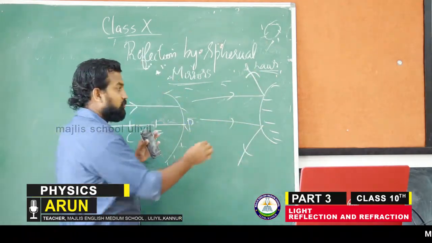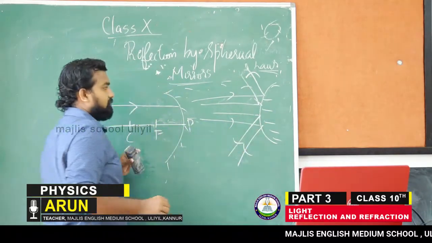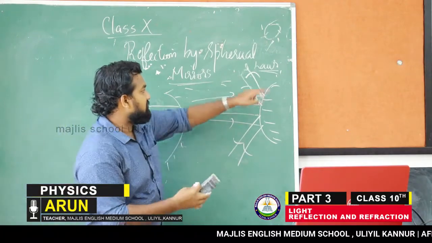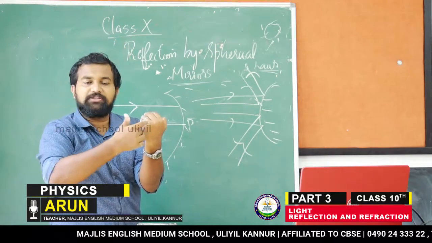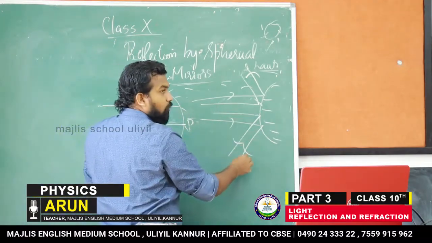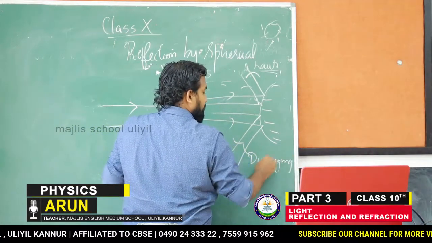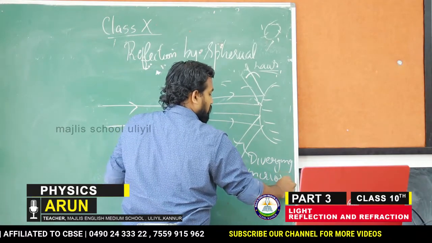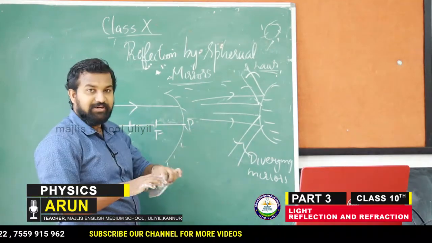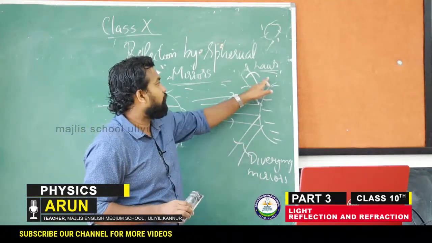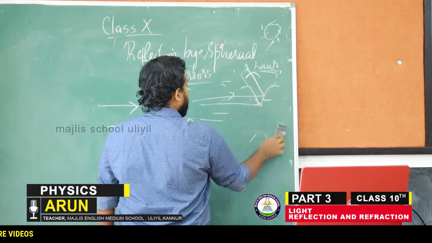It will be scattered away, because the surface is curved outside. When something hits a surface curved outside, it will move away. So convex mirrors are also called diverging mirrors. Concave mirrors are called converging mirrors and convex mirrors are called diverging mirrors because of the peculiarity of their reflecting surfaces. Clear?